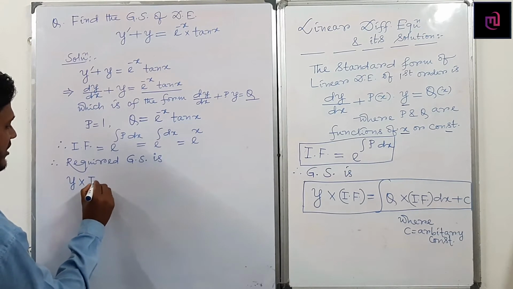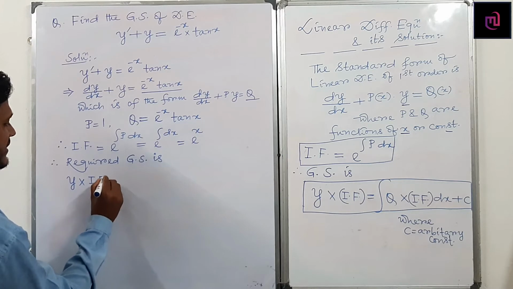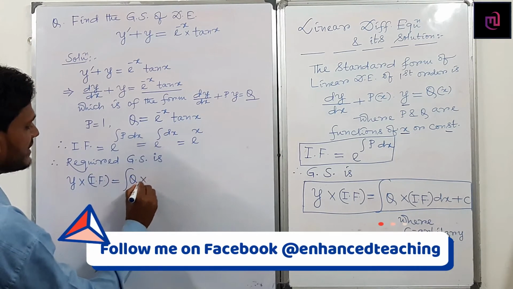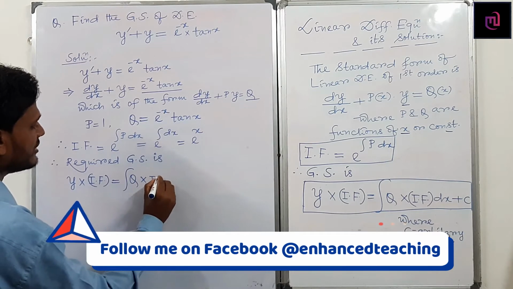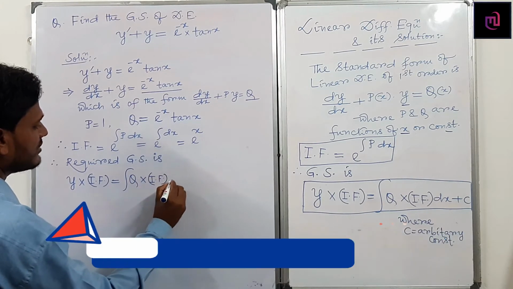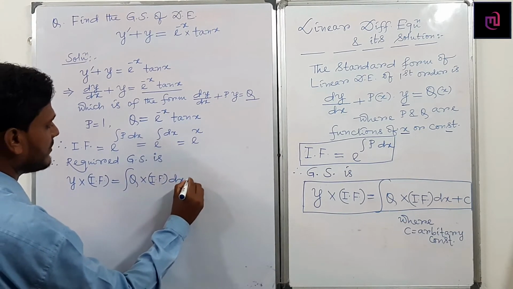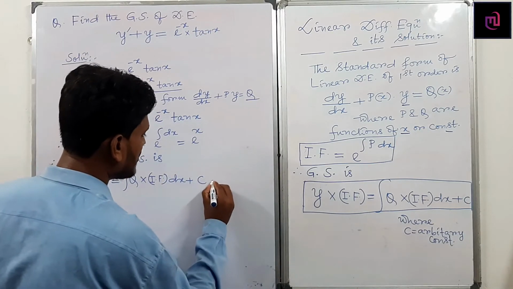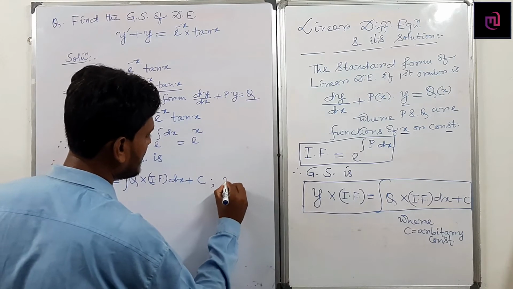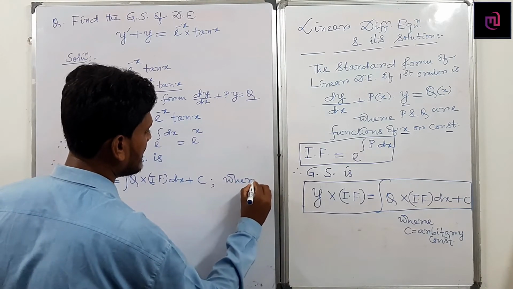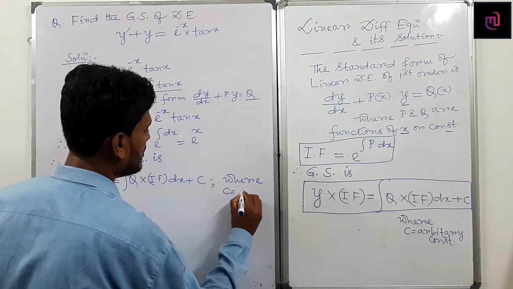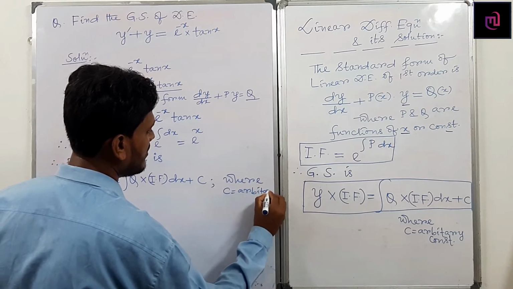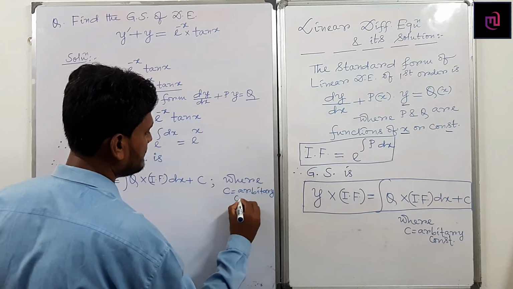So first of all write down the formula: Y into integrating factor equals integration of Q into integrating factor, whole into dx, plus some arbitrary constant, where c is the arbitrary constant or integrating constant.